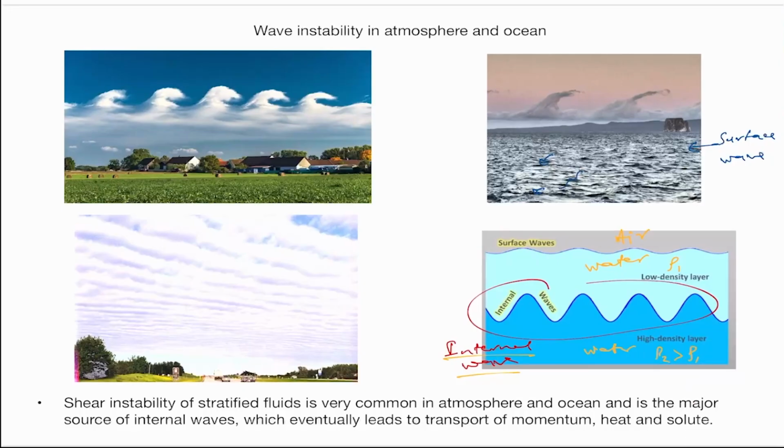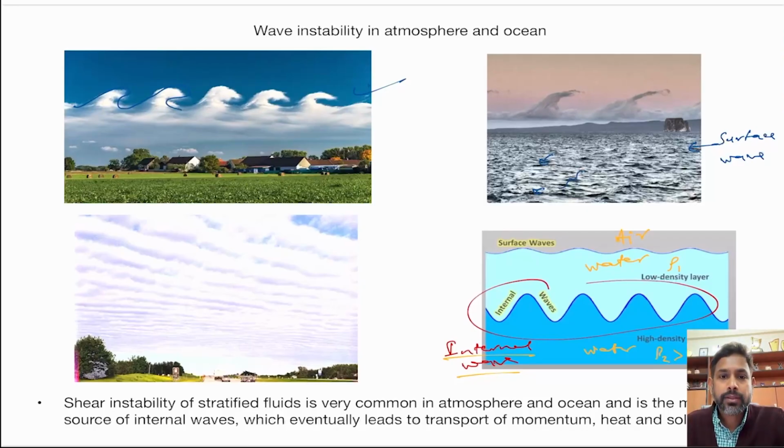Then in the case of clouds as well, like in the atmosphere, you might have seen this kind of images where you see these unstable clouds. They are still waves, but they have got overturned, right, because there is a lot of wind velocity in the form of shear flow in the atmosphere. And that happens because there is a lot of stratification in the atmosphere as well.